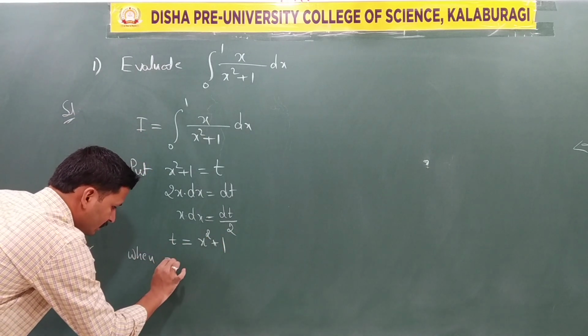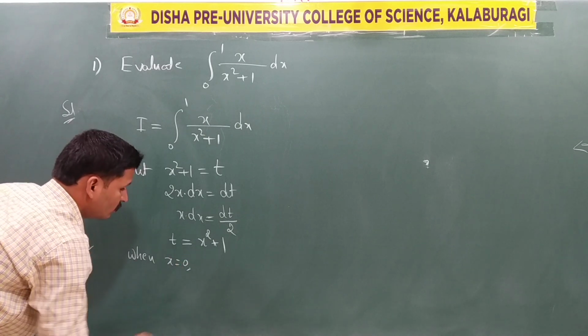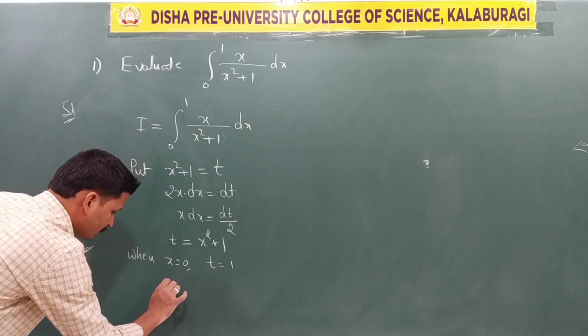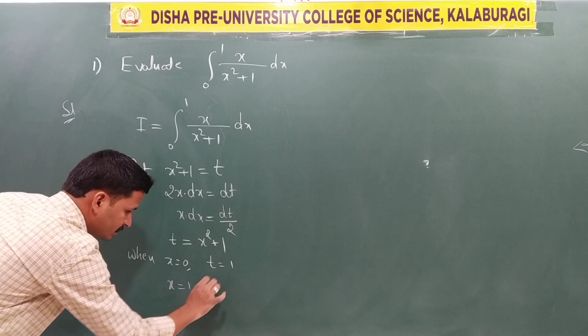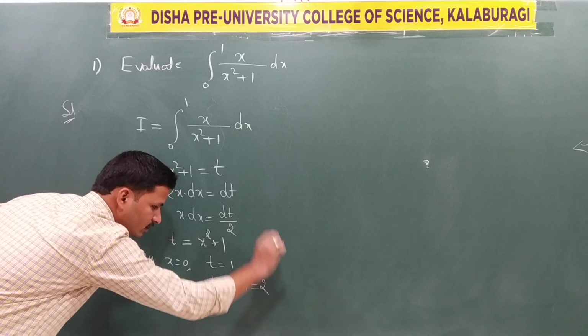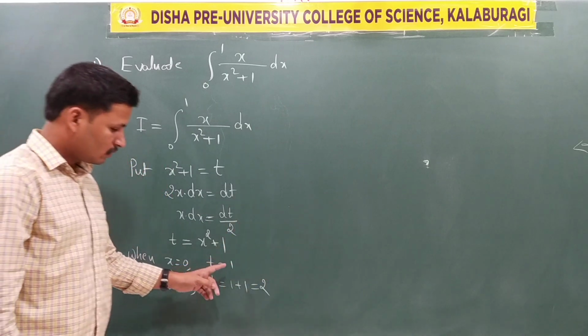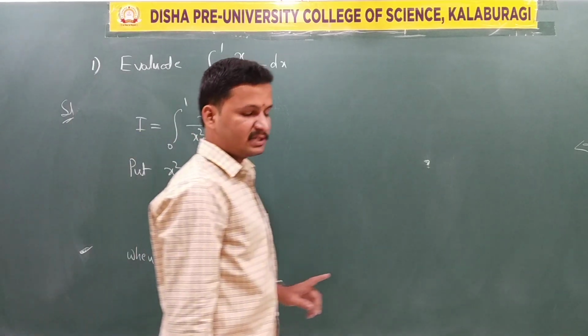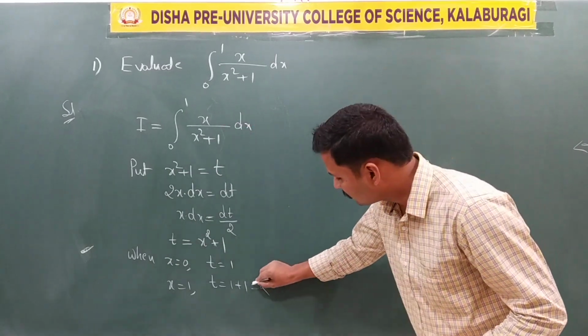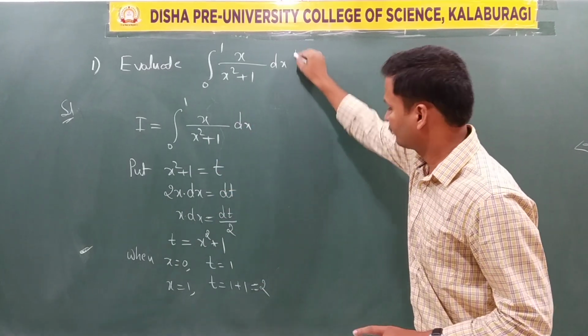When x is 0, t is 0 plus 1, that is 1. When x is 1, t is 1 square plus 1, which equals 2. So now the lower limit is 1 and the upper limit is 2. So substitute these things in the integral I.